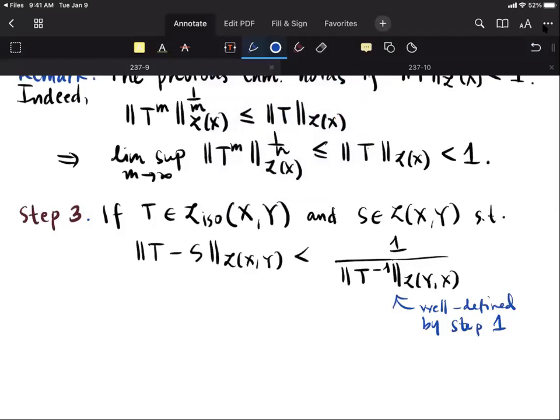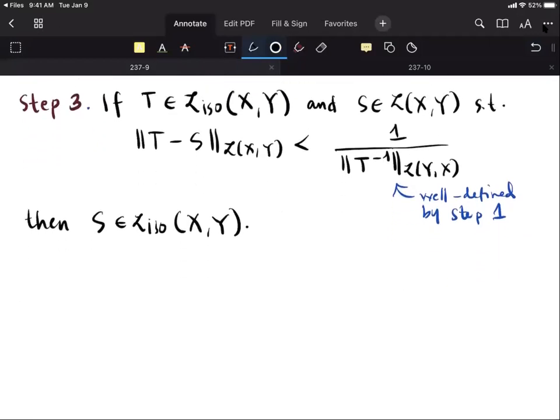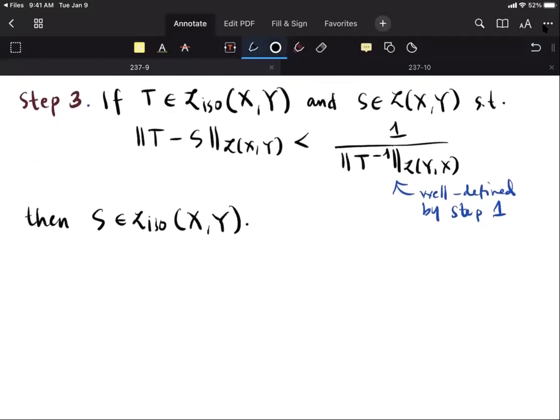If this is satisfied, then S is also a bounded isomorphism from X into Y. So accepting this fact at the moment, we now complete the proof of the theorem.